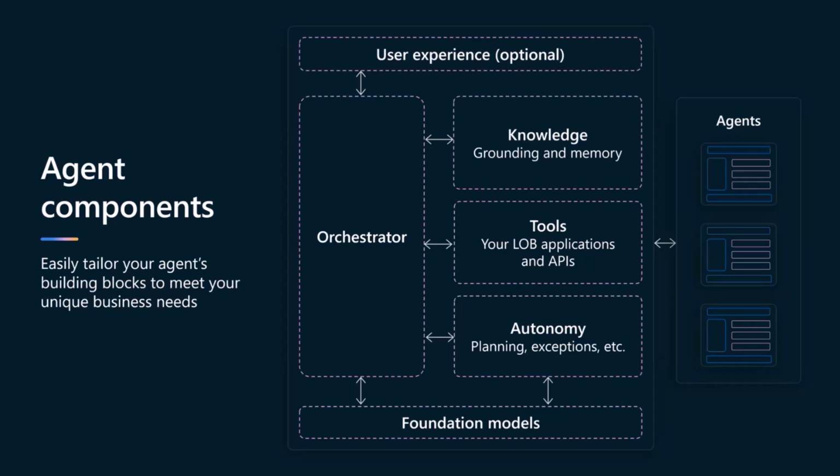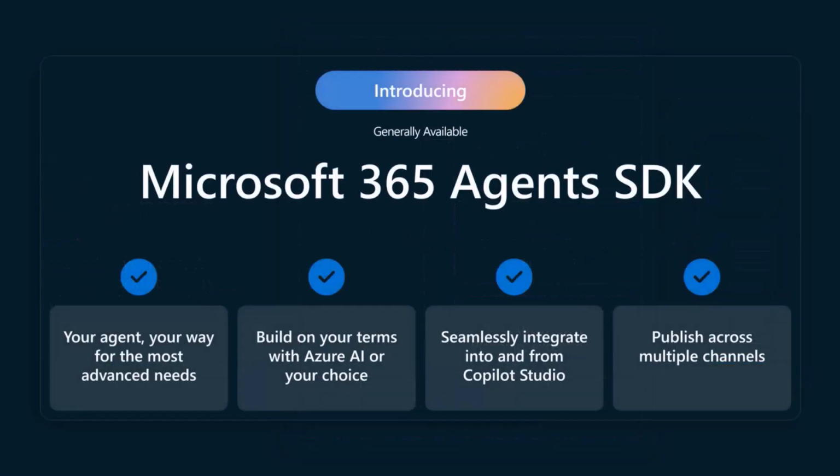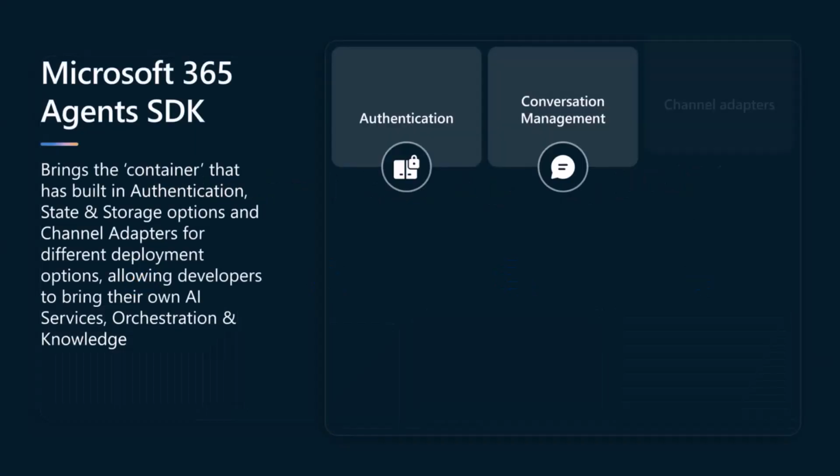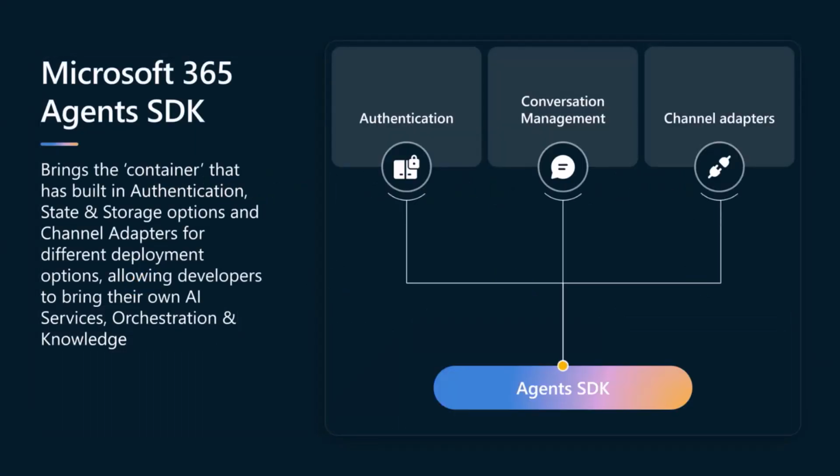And so this is really what we're trying to directly address with the Microsoft 365 Agents SDK, because it allows our customers to really do exactly what I just described. And it allows them to bring whatever AI they want, whatever orchestrator they want to work with that AI, and really whatever knowledge they require to ground the requests and to ground their experience for their users.